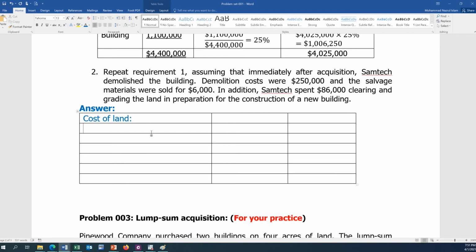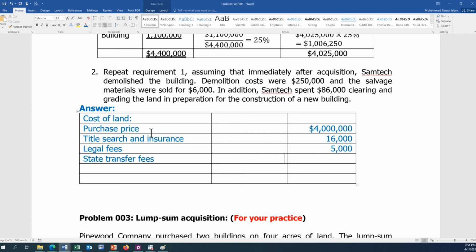The purchase price is 4 million, correct? And the title search and insurance is the same as it was, 16,000, and legal fees are 5,000.